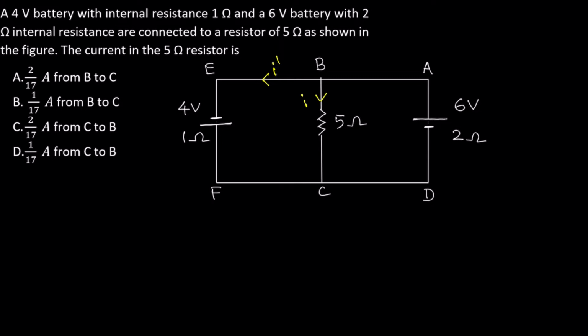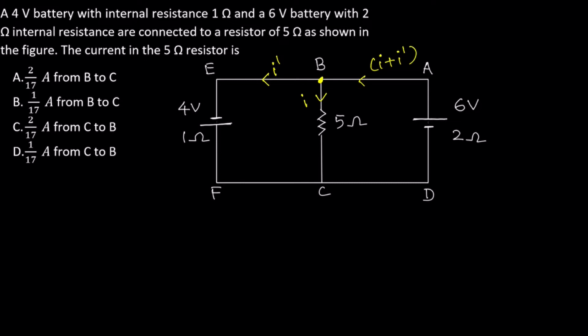Let us apply the junction rule, the current law, for junction B. If I prime is going from B to E and I is going from B to C, from A to B we should get the sum of these currents, which is I plus I prime.